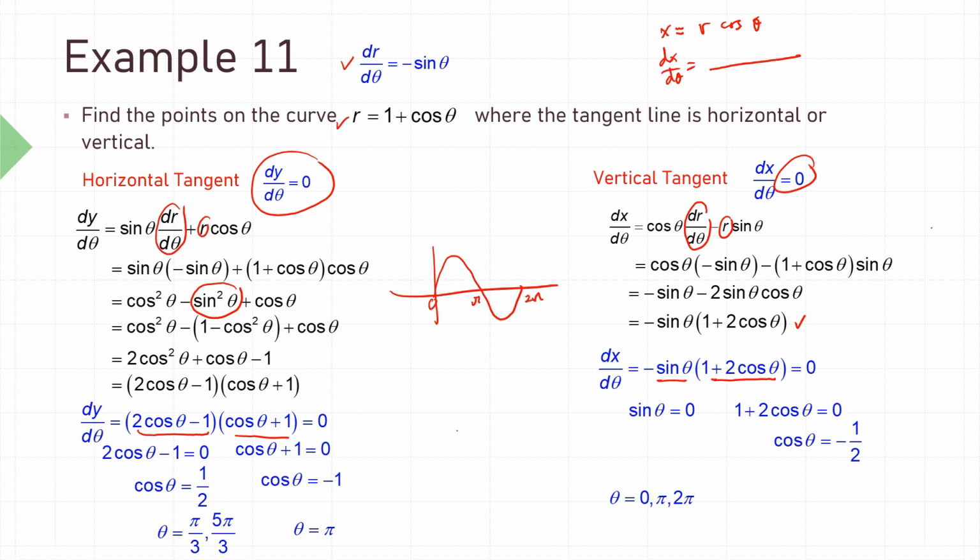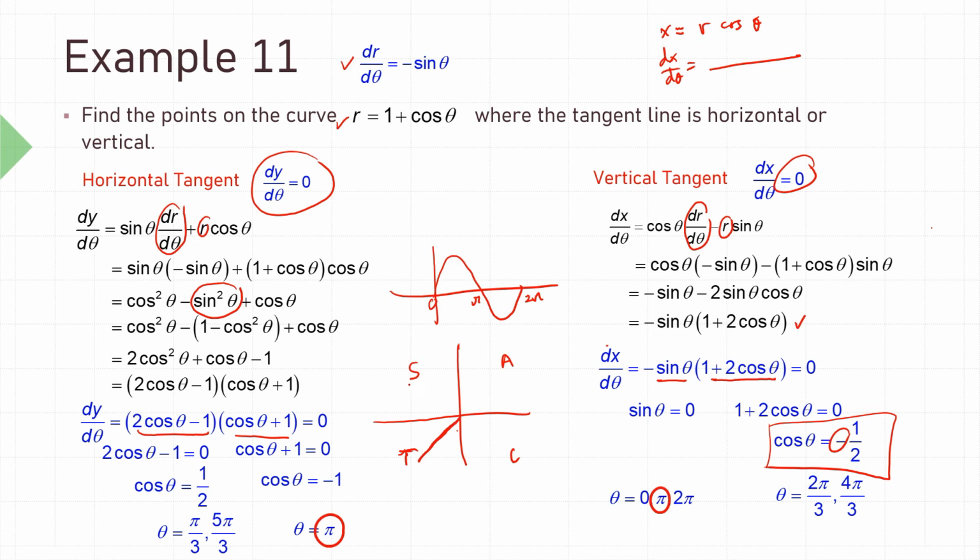But for cos theta equal to -half, how do I get those points? Actually you have to use your calculator. So you find the basic angle. How to find the basic angle? I repeat, you just need to find cos inverse of half without the negative inside your calculator, so you actually get 60 degrees. So using your ASTC, all right, so when is cos negative?